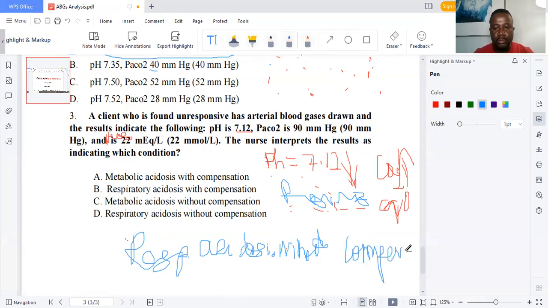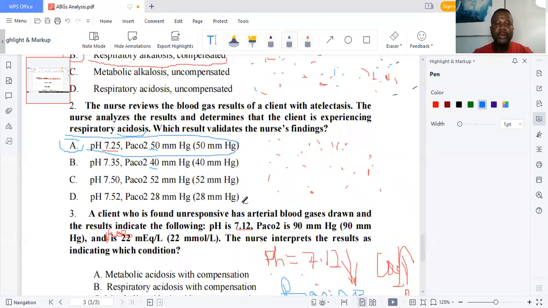So the answer is D. Okay, this is our answer. D. This answer, respiratory acidosis without compensation, is the right answer.